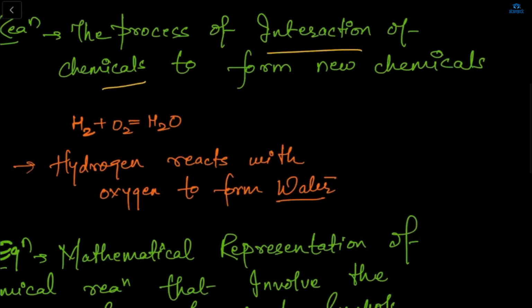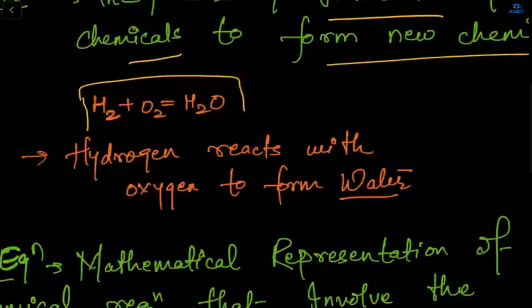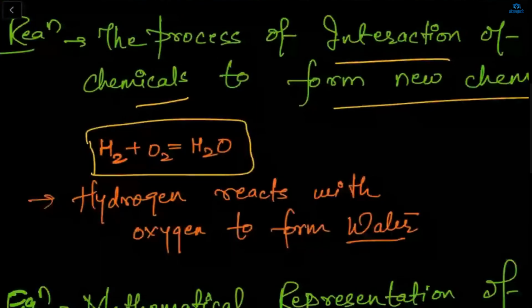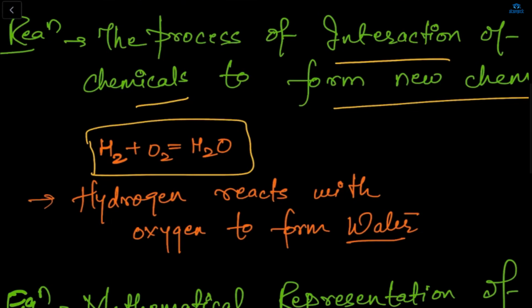Just like in this equation, we are interacting hydrogen and oxygen, and when these two react, we form water, right? Yes, ma'am. Hydrogen reacts with oxygen to form water. So what is happening here is that when two things react, they form a single product.